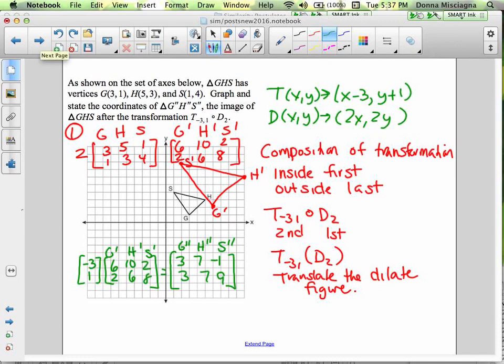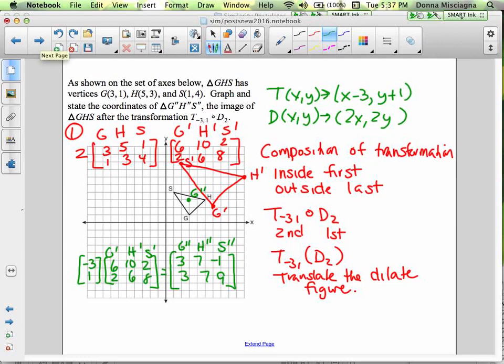So we can just graph that. So 3, 1, 2, 3, 4, 5, 6, 7 is, 3, 3. Oops, sometimes my eyes scan to the wrong thing. 3, 3 is G double prime. And then H double prime is at 7, 7.